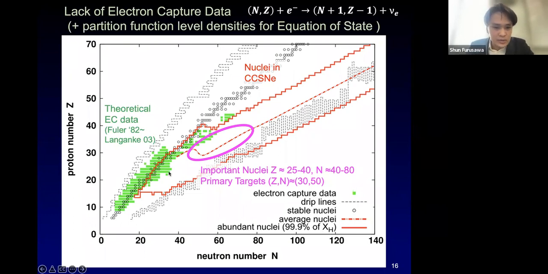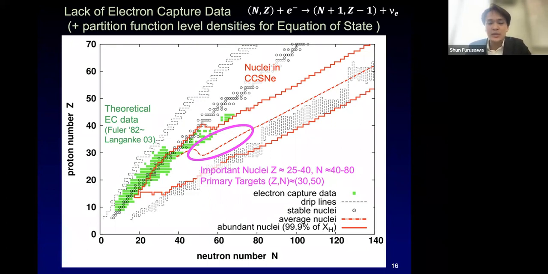In our simulation, we use some weak interaction data, electron capture rate data provided by some groups. But for the important nuclei, we have no data. And we use just a simple analytical formula provided by Kanke.